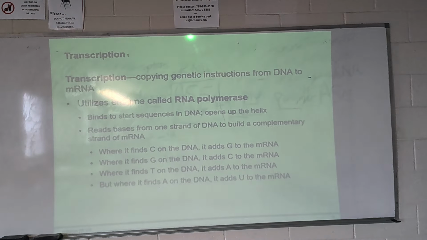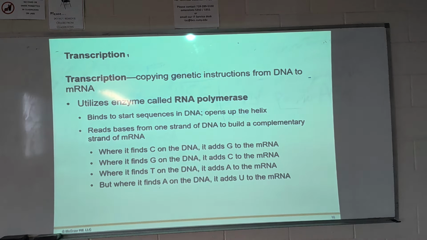Transcription is when we're copying genetic instructions from the DNA to the mRNA, and that utilizes an enzyme called RNA polymerase. From the name, you can know what it's all about. Polymerase makes polymers. That's what it does.